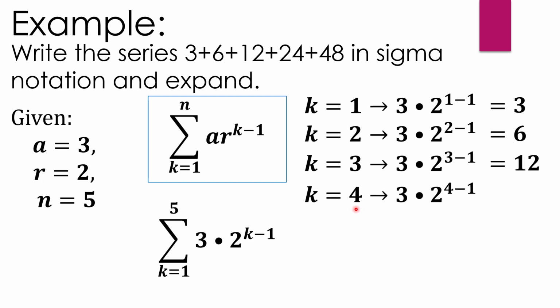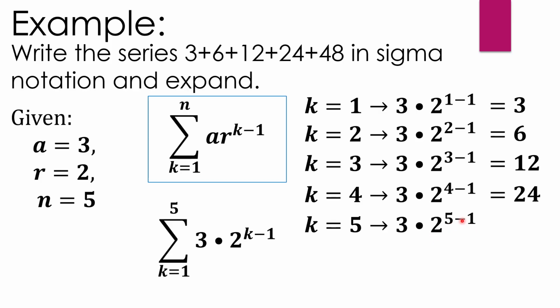Next, k is equal to 4. 4 minus 1, that is 3. Multiply the 2 by itself thrice. So 2 times 2 times 2, that is 8. Times 3, that is 24. And lastly, k is equal to 5. 5 minus 1, so 4.